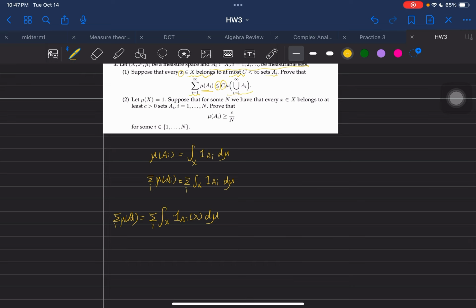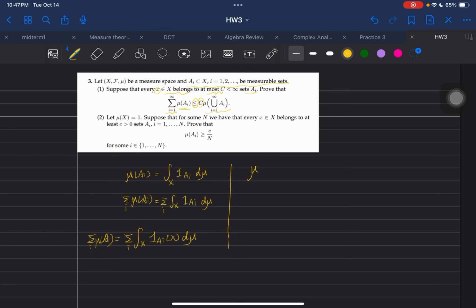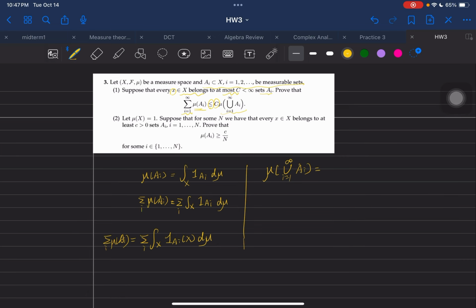So now we're going to show the details of the proof. So we have that, and let me write this part. The measure of the union of AI is essentially the integral of the indicator function of the union of AIs.